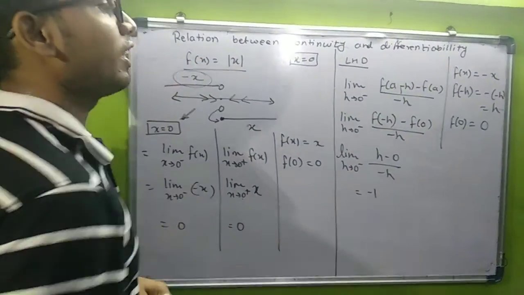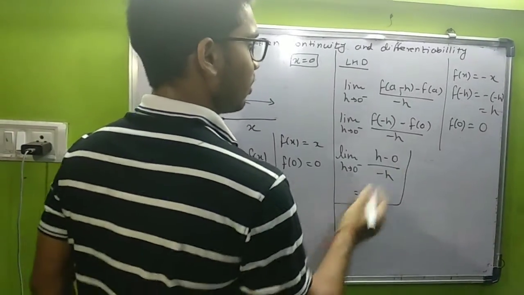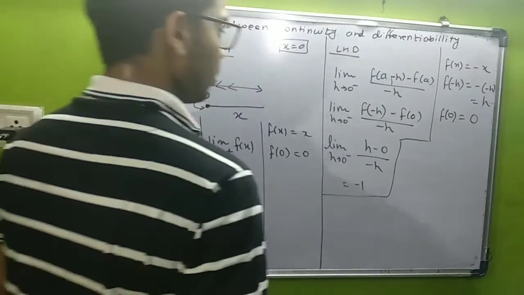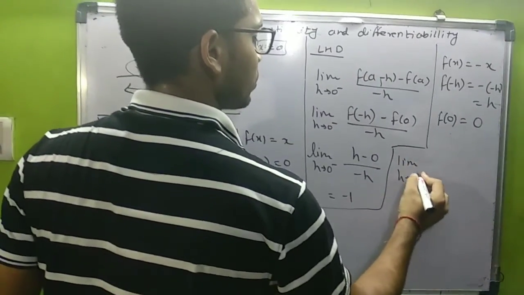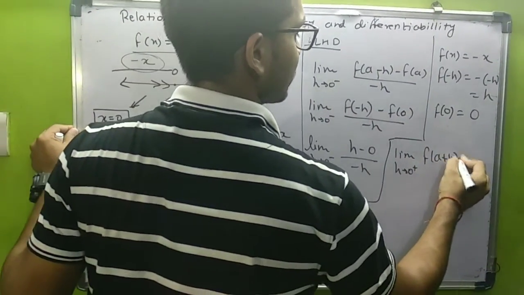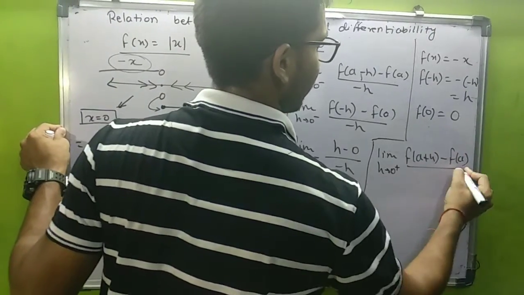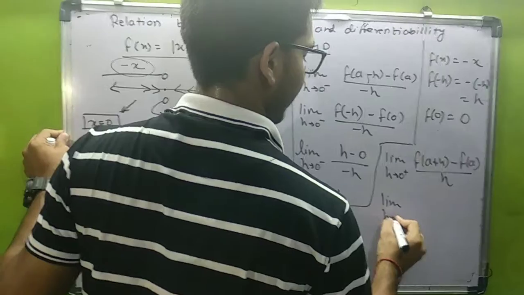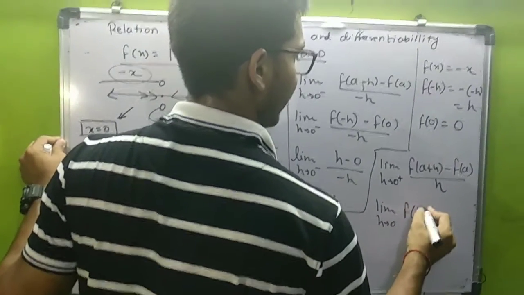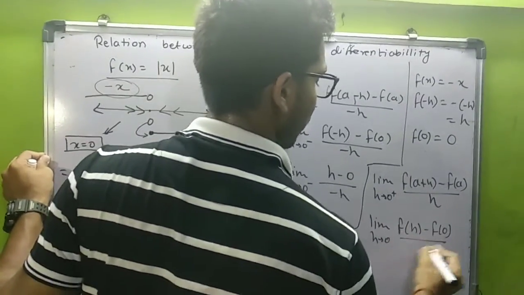Now we have to check the right hand derivative. In the right hand derivative, limit h tends to 0 plus of f of a plus h minus f of a, divided by h. So limit h tends to 0 of f of h minus f of 0 upon h.